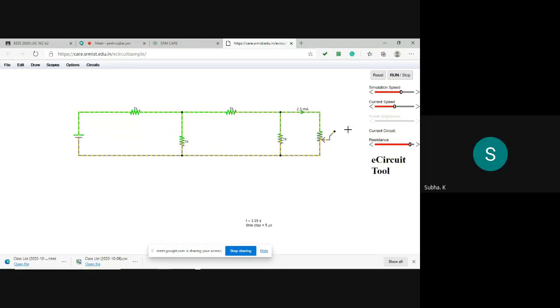There are actually three terminals for a potentiometer. Two terminals you will connect, and the third terminal you will leave free. In the lower terminal that you have connected, leave that one free and connect it to the slider terminal. You cannot connect the slider terminal that way, it will not work out.